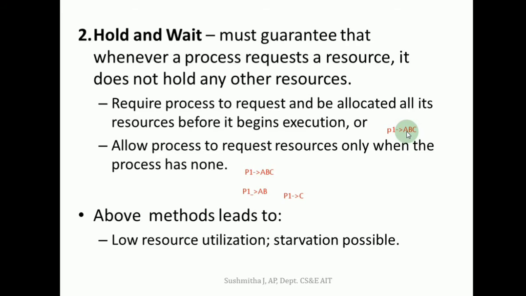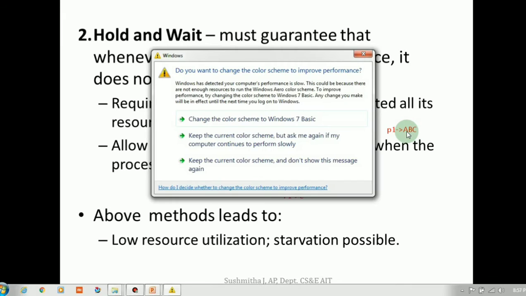The process first uses some part of the memory, then it makes a permanent copy of the file on the hard disk, and then finally the process prints that file or document. So what is happening here?